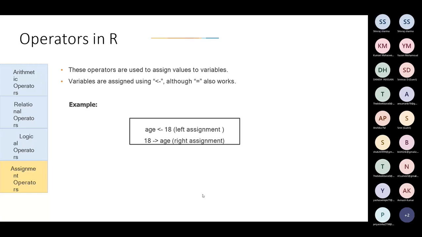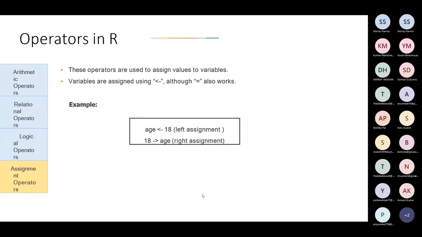These are unique operators only available in R Studio, or you can say the R language: the assignment operators. We have two types of operators known as assignment operators in R. One is left assignment and the next is right assignment.